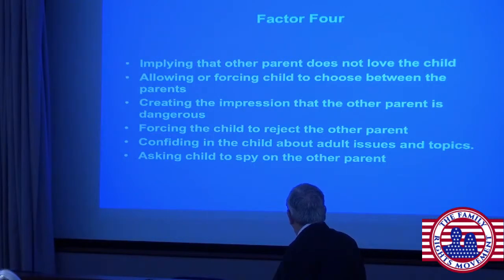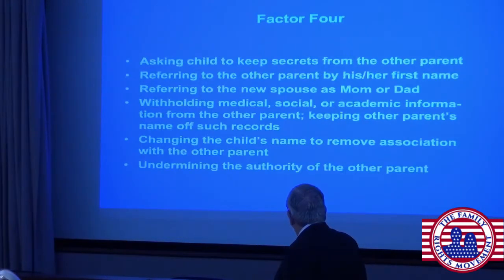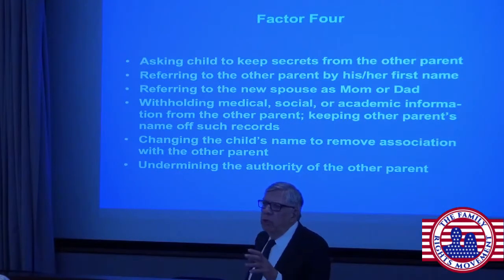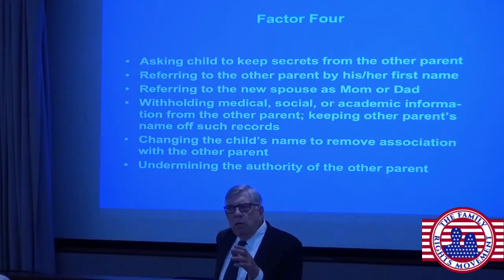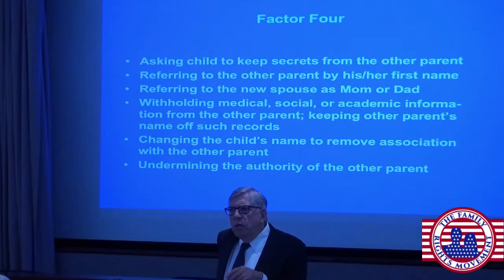Another one that's really important of this list of 18 is making the other parent seem dangerous. Maybe it was on the previous one. Okay, it was on the previous one. But that's a really common thing. The parent won't say to the child, "I want you to know that your dad's dangerous."